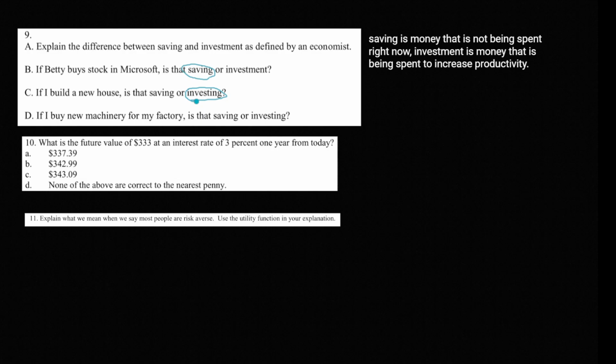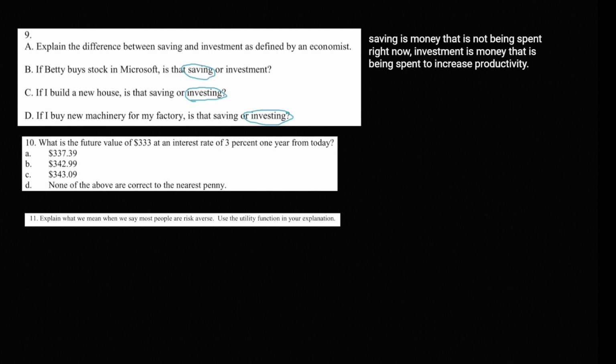We're not consuming it, we're not living in it. It might make money elsewhere, but it is an investment. If I buy new machinery for my factory, is that saving or investing? We are purchasing machinery to help increase our productivity. That is investing.